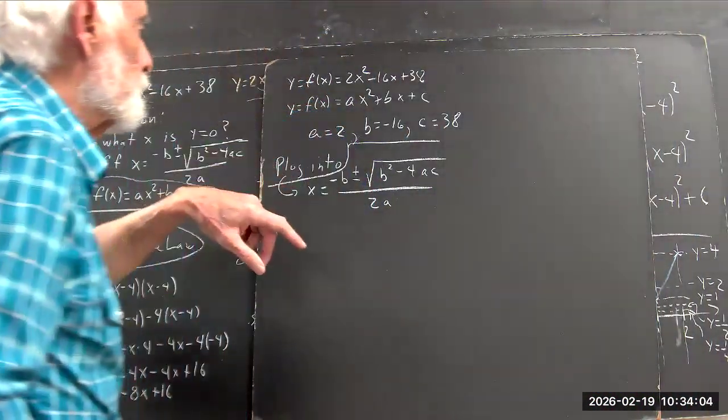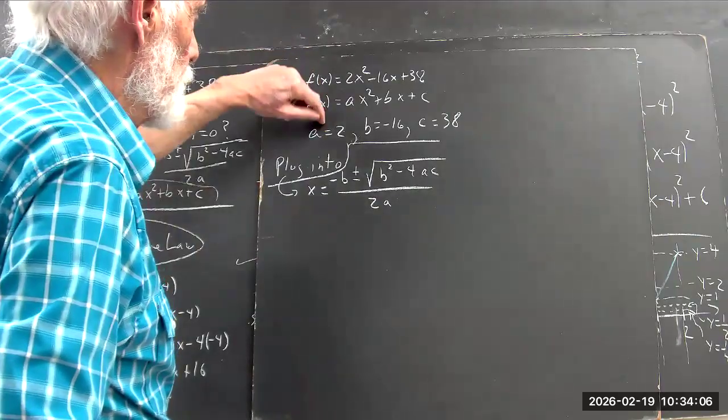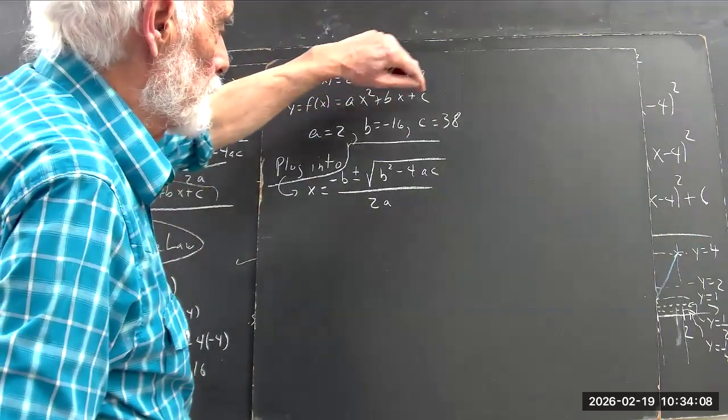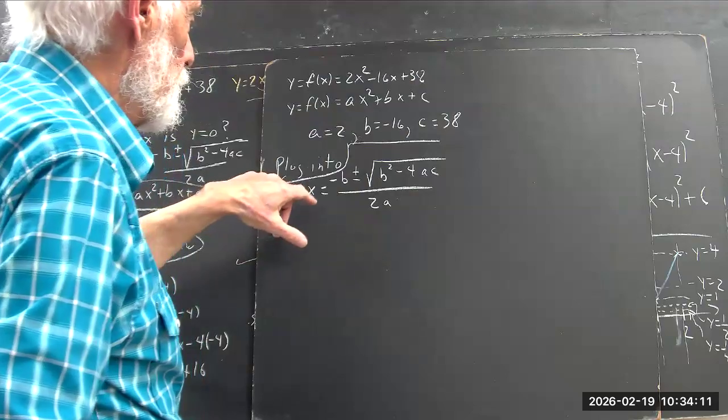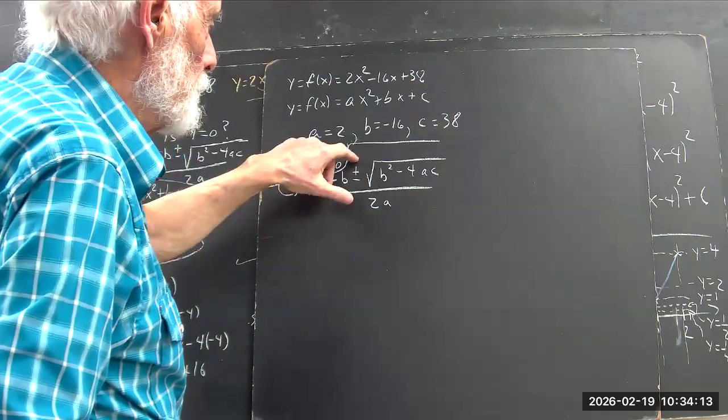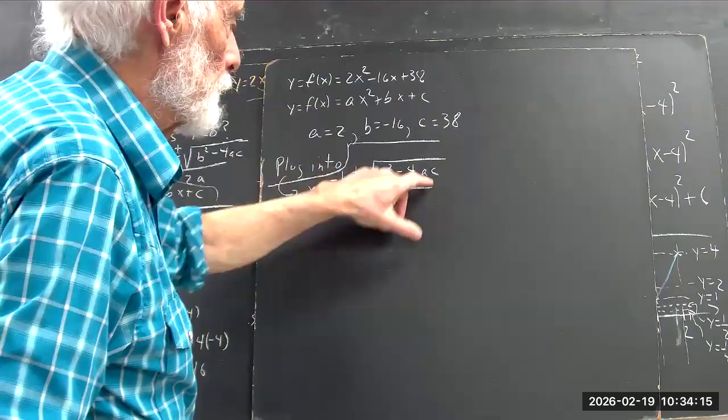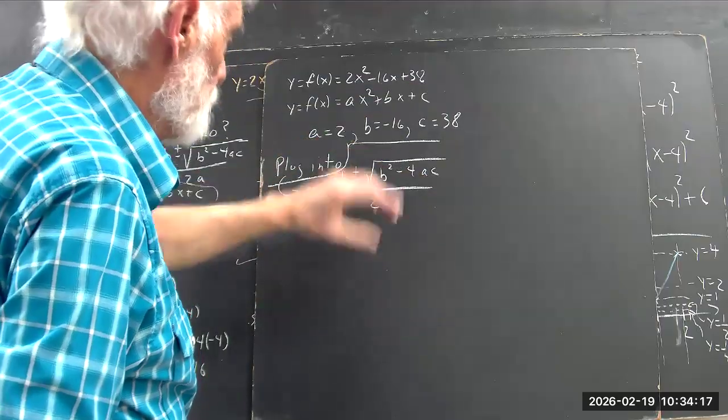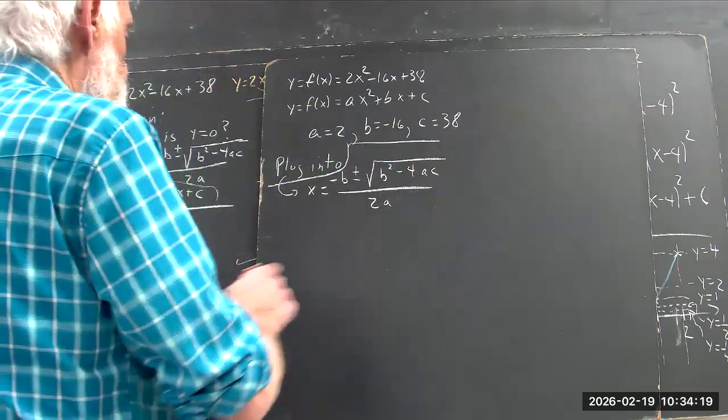Okay, so again, we're going to substitute a equals 2, b equals negative 16, c equals 38 into x equals negative b plus or minus the square root of b squared minus 4ac, all that over 2a.